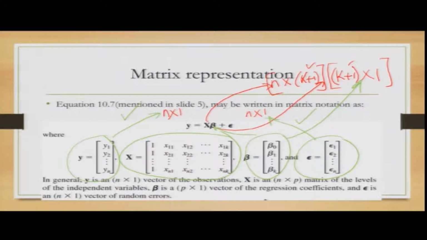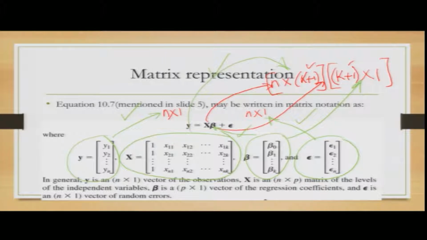So, let me find out how many such rows and columns are there. So, this is the first row, second row, third row till n number of rows. How many columns? This is the first one, this is the second one, third one, so on and so forth, till the k plus 1th. So, this also matches here. So, all our discussions are in line with the concept which we are discussing.